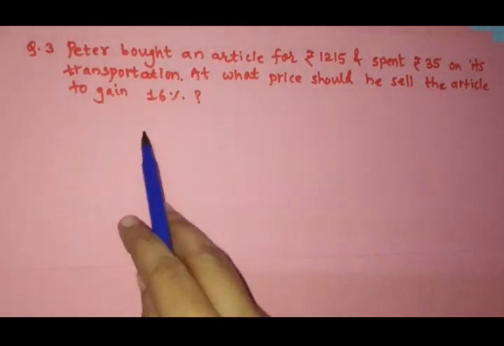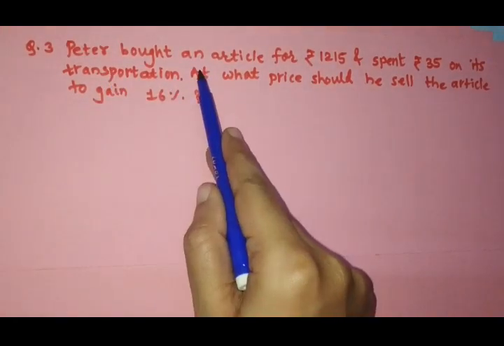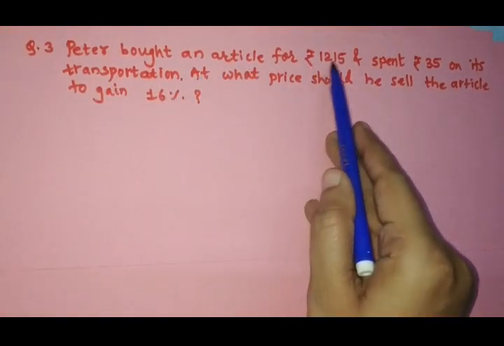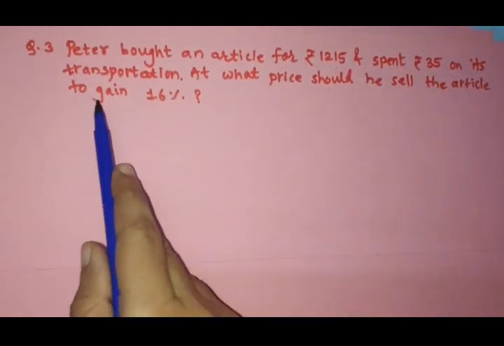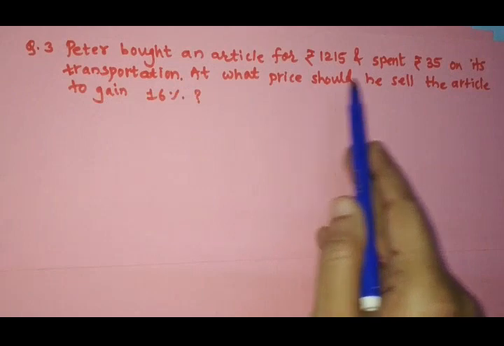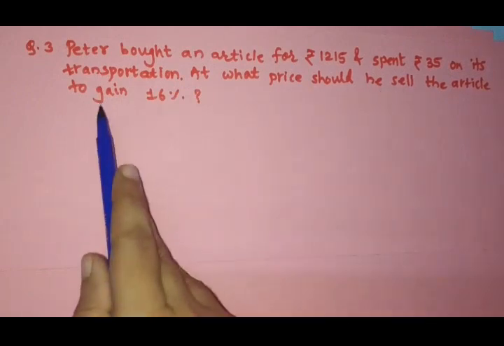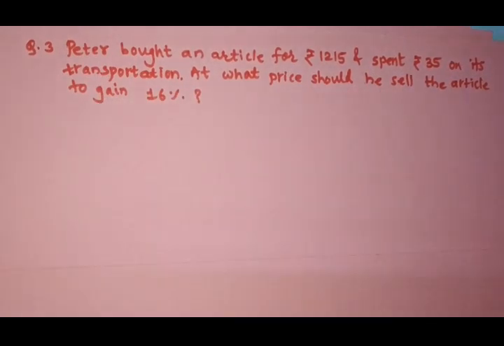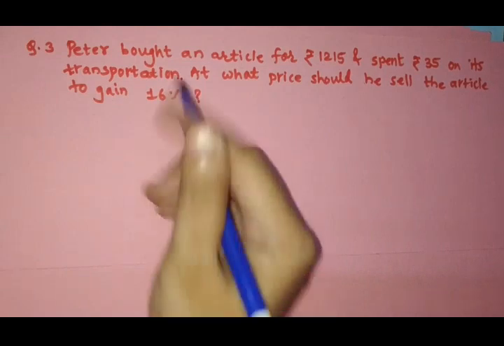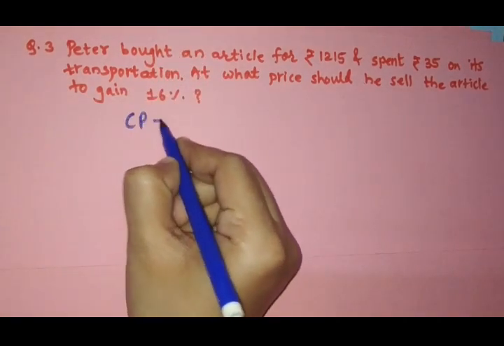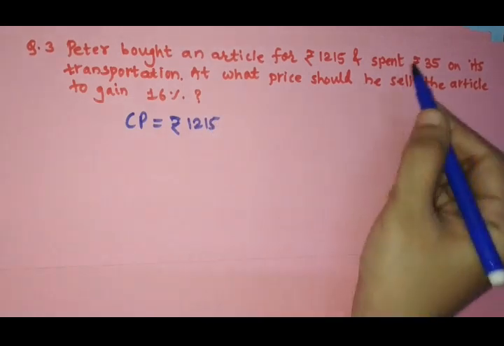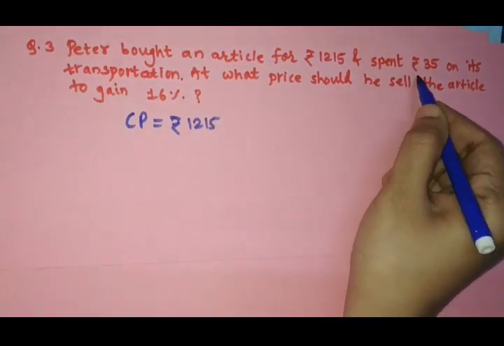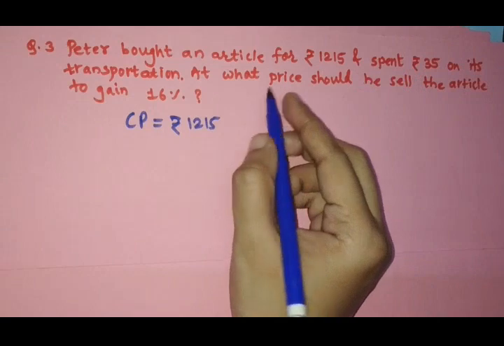So now children, moving to the next question. Peter bought an article for rupees 1215 and spent rupees 35 on its transportation. At what price should he sell the article to gain 16%? First of all, we'll write down the given data. Cost price is rupees 1215, and we need to add this 35 also, because it is transportation charges.